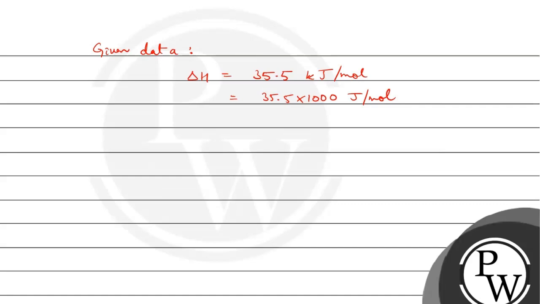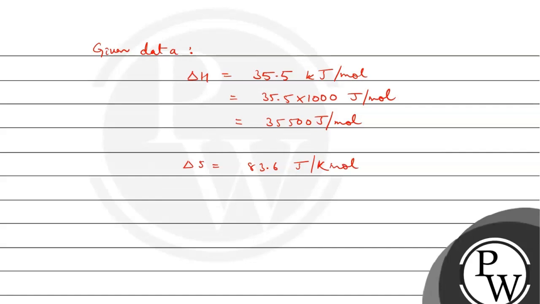So we have to make sure that all the terms are in same units. So this will be 35,500 joule per mole. So next हमें दिया गया है delta S, which is 83.6 joule per Kelvin mole.